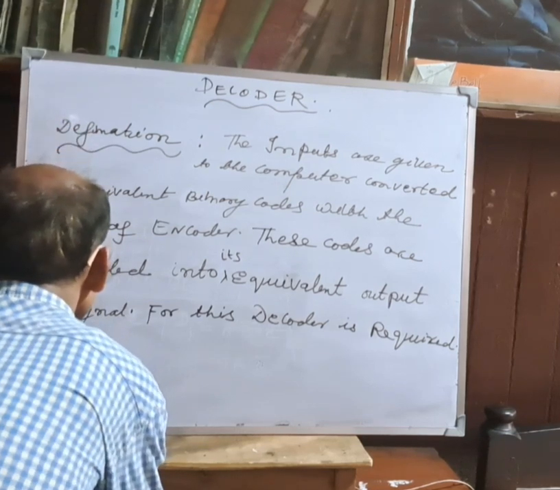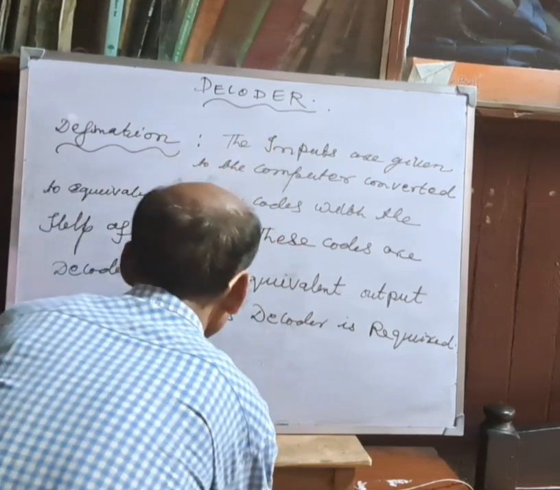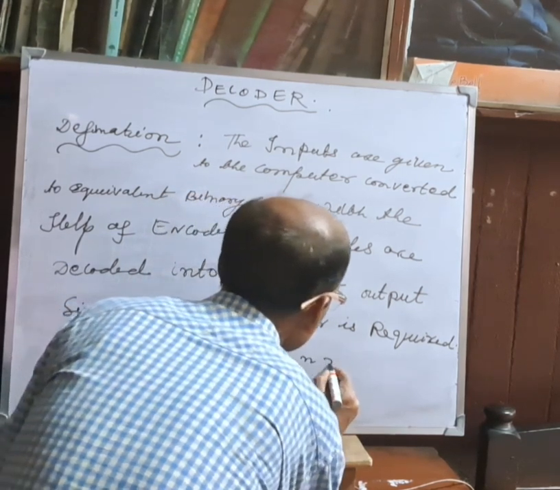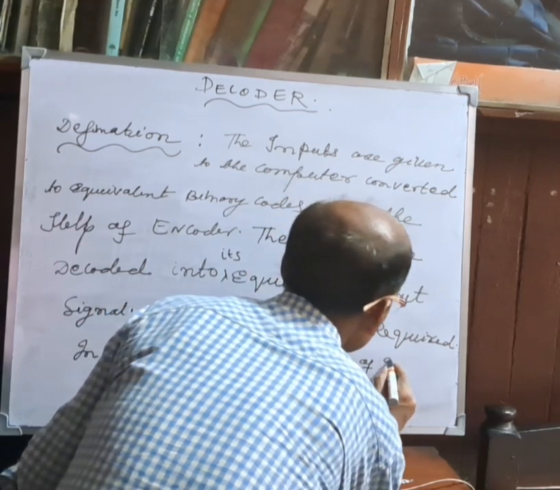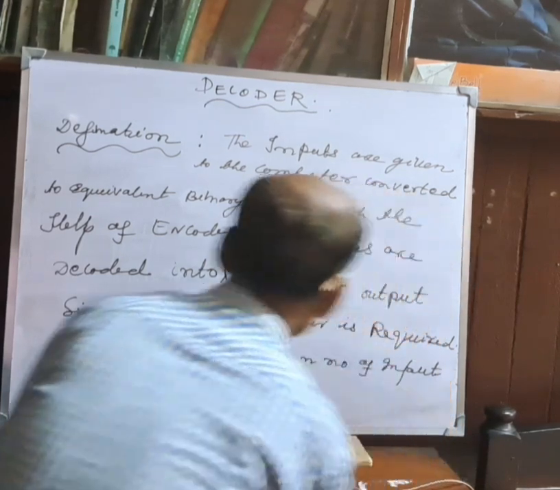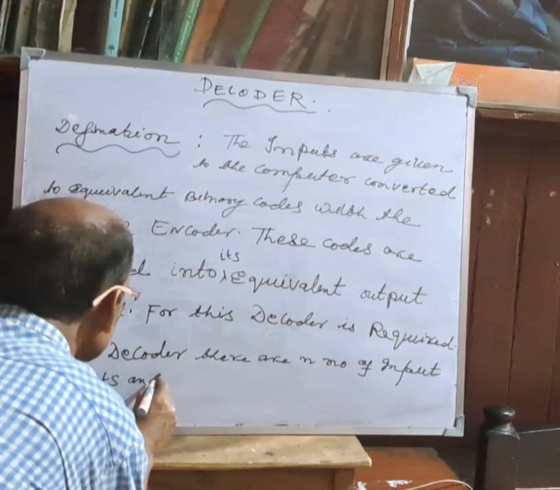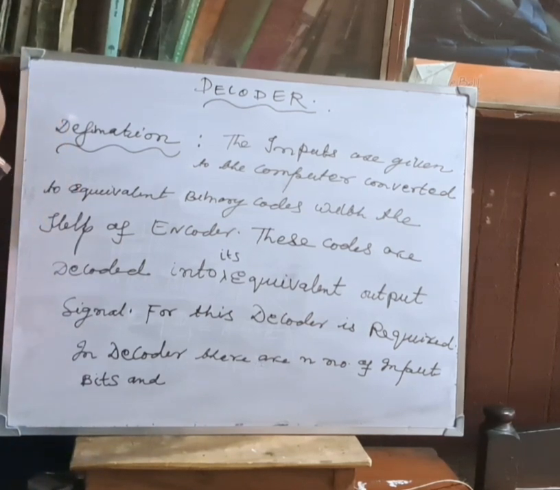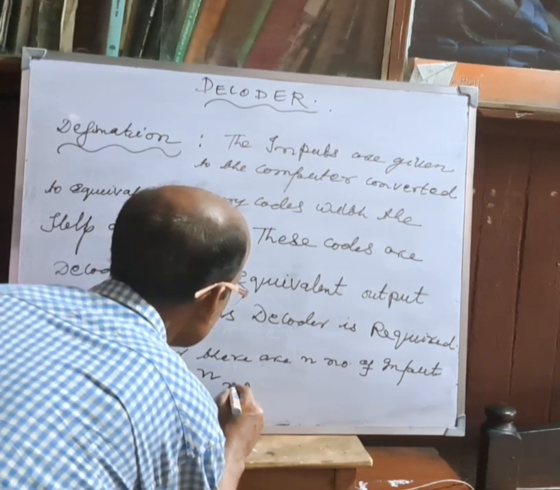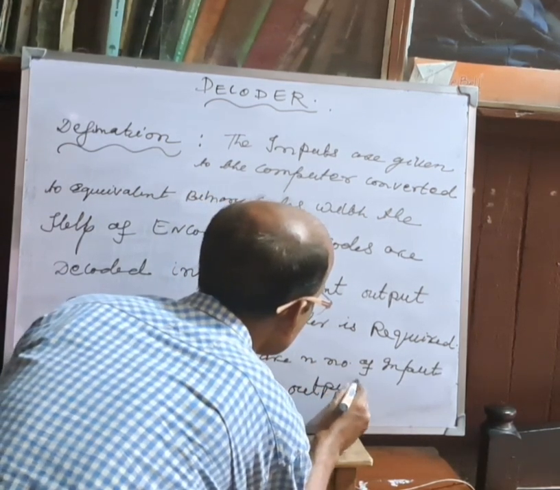In decoder, there are n number of input bits and 2 to the power n number of output lines.